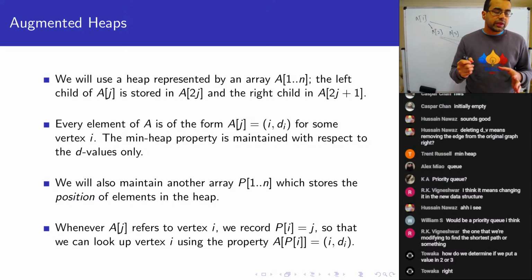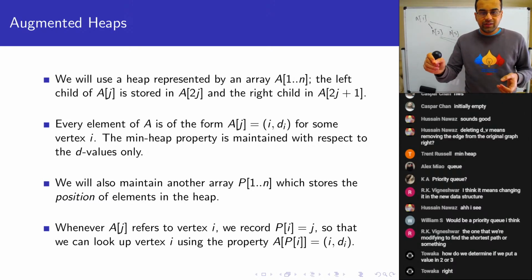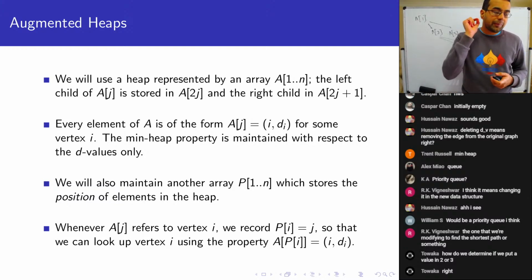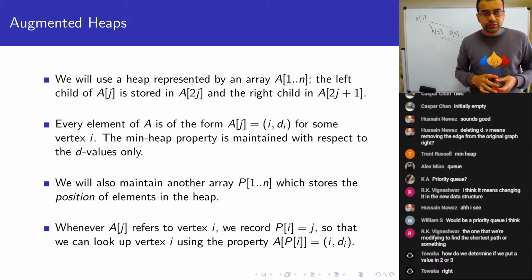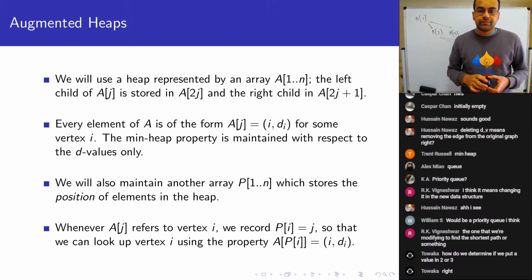And this means that we can look up the information relating to vertex i using the property that A of P of i is A of j, which is the information about vertex i. So if I always look up A of P of i, I get back vertex i, comma, the distance to vertex i.